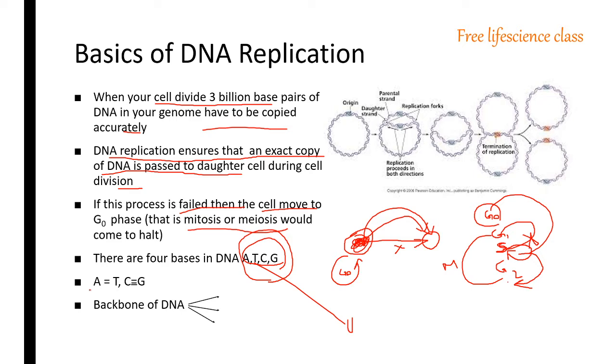Okay, adenine always pairs with thymine and cytosine always pairs with guanine. There are two hydrogen bonds between adenine and thymine, and there are three between cytosine and guanine. And the backbone of DNA is made up of bases, definitely, as we have discussed.